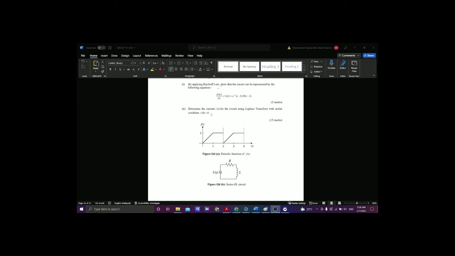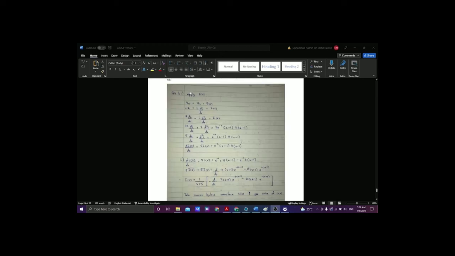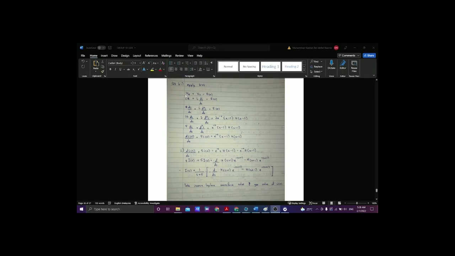For manual question B1, by applying KVL, we can first find VR and VL in the series circuit. After that, we expand the expression, and then we can put in the values of R and L, 10 and 2.